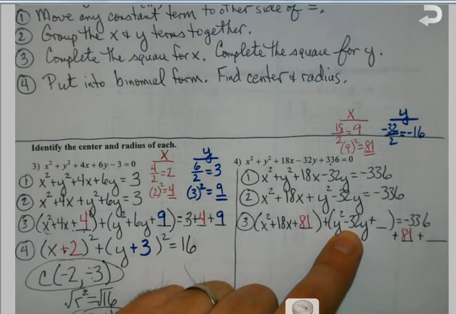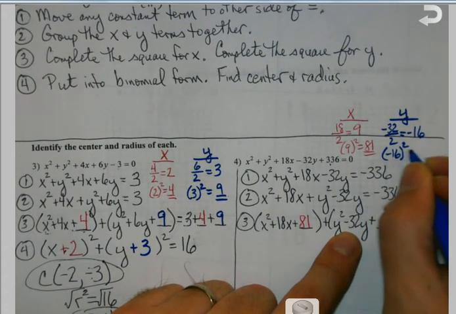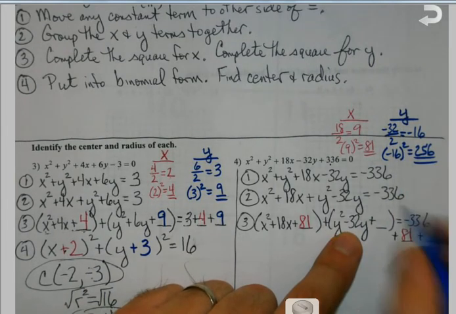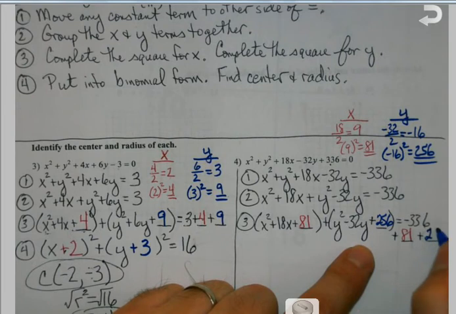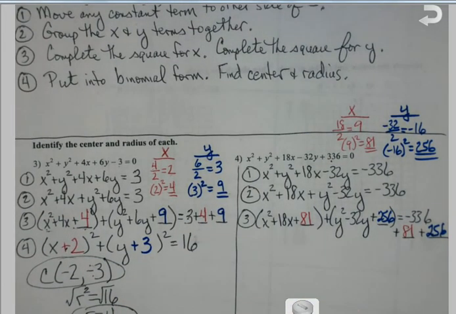So negative 32 divided by 2 would be negative 16. Make sure if you go to square it, you use parentheses because that number better come out positive. So just a little side work and organization will make this a lot more palatable.